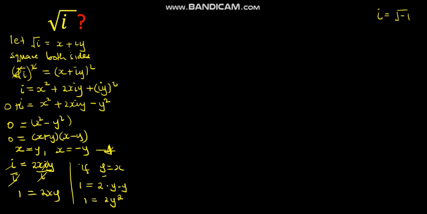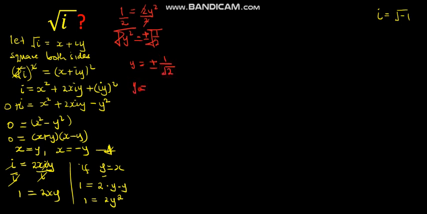Is that okay? So now we have 1 is equal to 2y squared. We divide by 2 on both sides, and we shall have y squared is equal to half. We shall take roots such that we remain with y only, and we shall have y is equal to plus or minus 1 out of root 2.